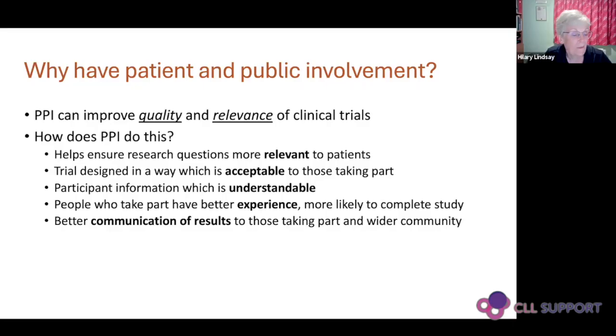And then the next point is very much about the whole idea of information being understandable. So there have been huge improvements again in recent years in the information that's shared with patients about trials. There are so many things that have to be covered to make sure the trial's being carried out in a way that represents best practice.